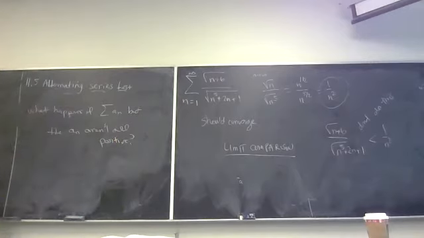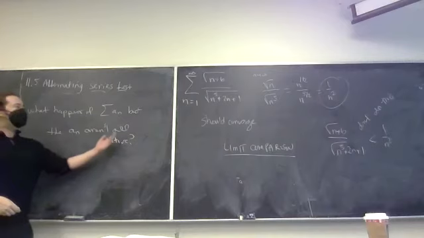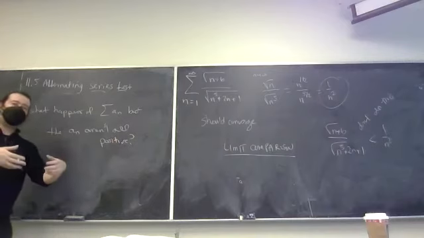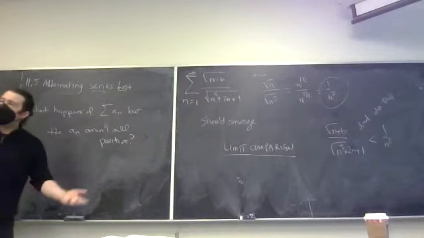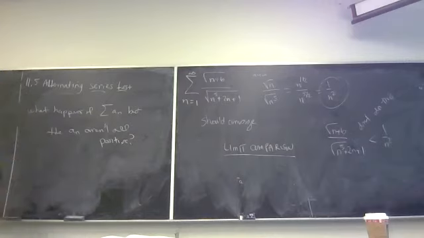And the answer is, it's a total nightmare. Unless they alternate, then it's easy. So you can imagine you can have a series that has 3 positive terms, then 4 negative terms, then 2 positive terms, and then 6 negative terms. Does that add up to anything? And that's really tricky.